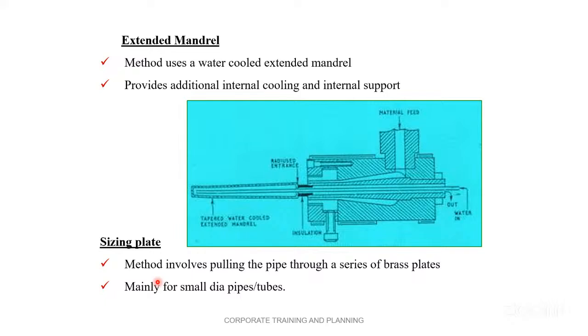There are a number of plates arranged at a specific distance. As the pipe goes on shrinking while going forward, you will get the final diameter of the pipe at the last plate.